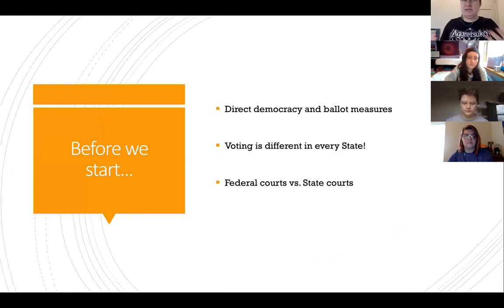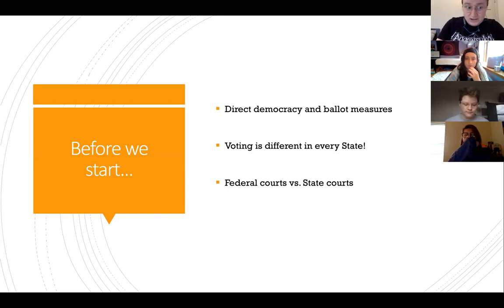Many states, municipalities, and counties will have ballot measures for voters to directly choose policy. For example, in Pittsburgh, in the last election, there was a ballot measure to decide whether or not to create a new fund to manage city parks. Going into the ballot, you just vote yes or no on that policy.